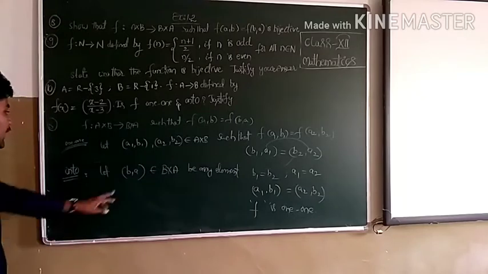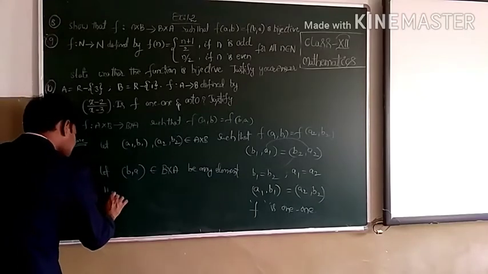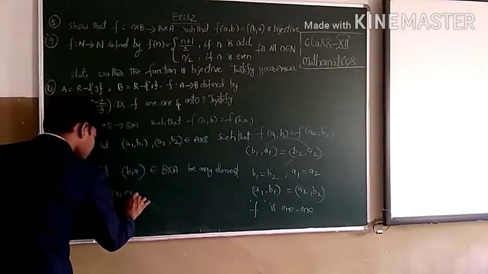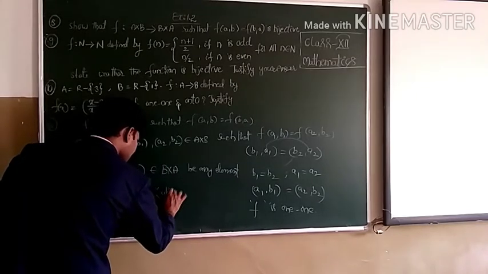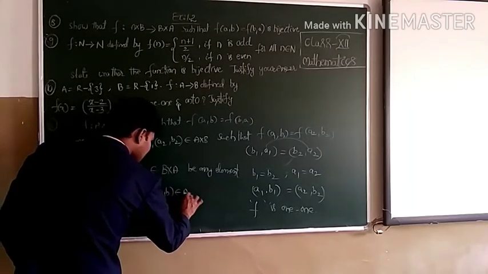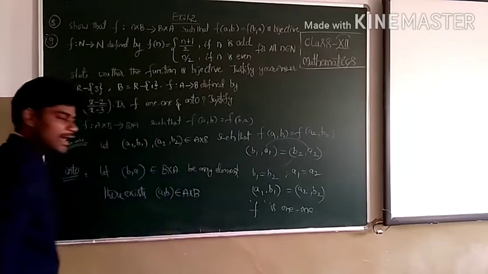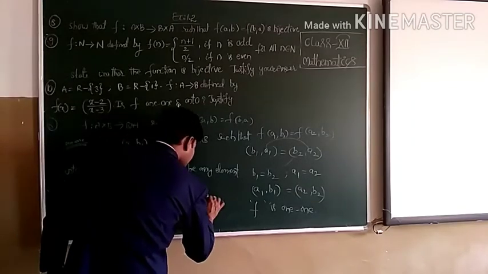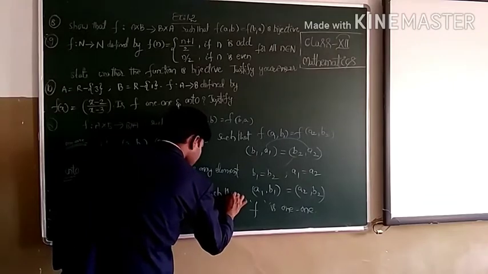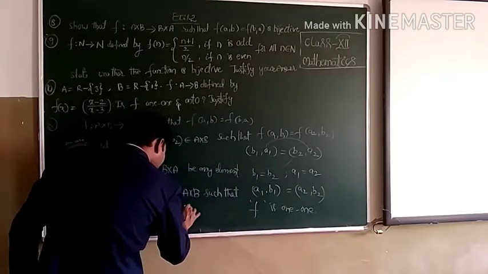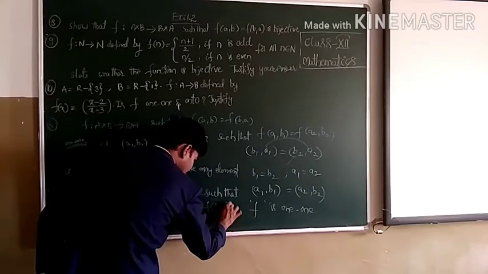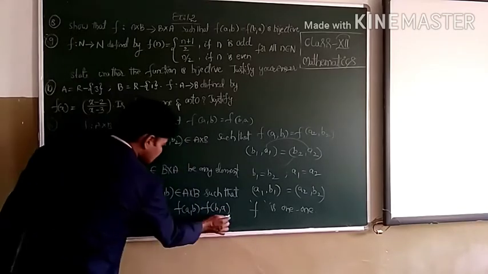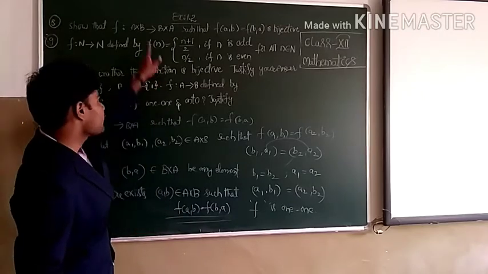So there exists the element (A, B) belongs to A cross B such that f(A, B) = f(B, A), because this condition is already given in the problem.